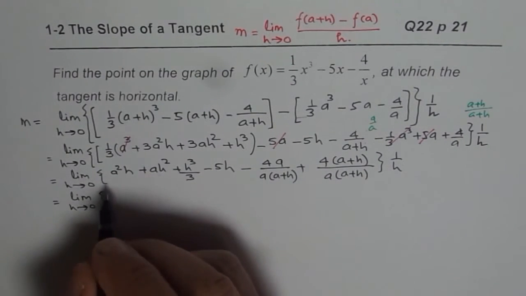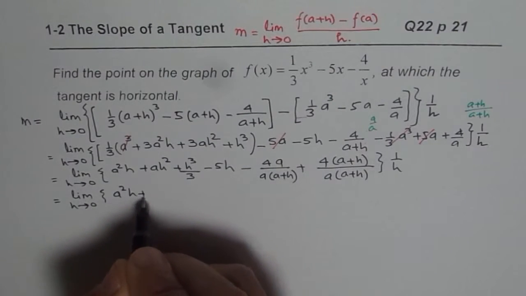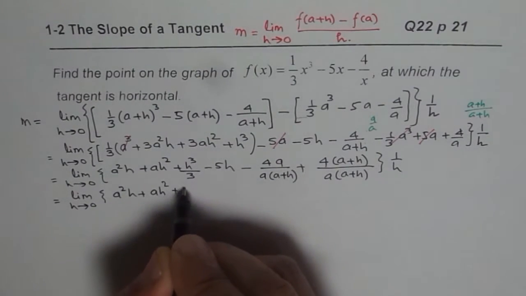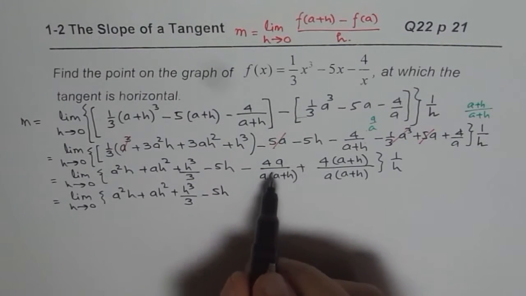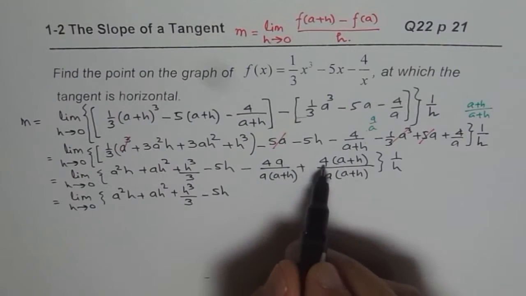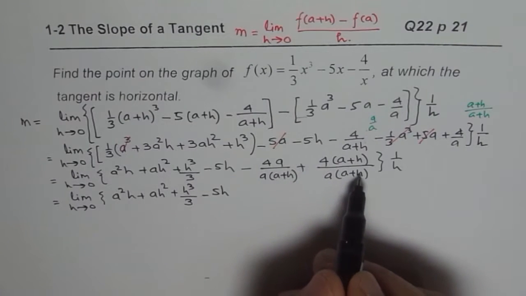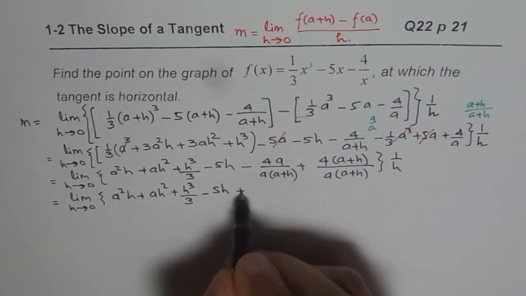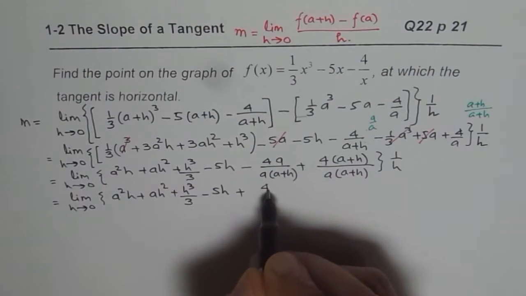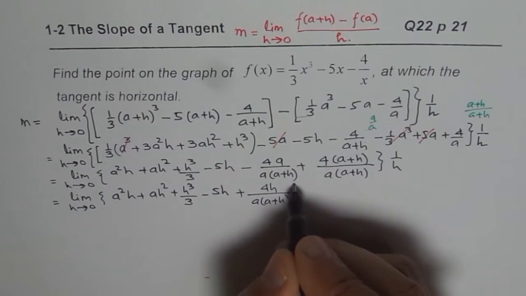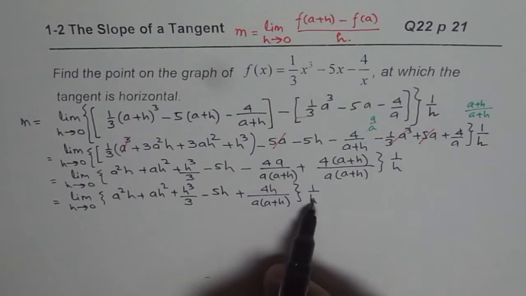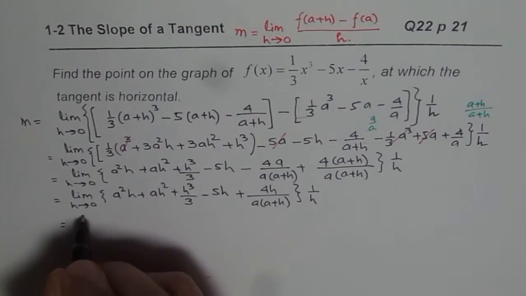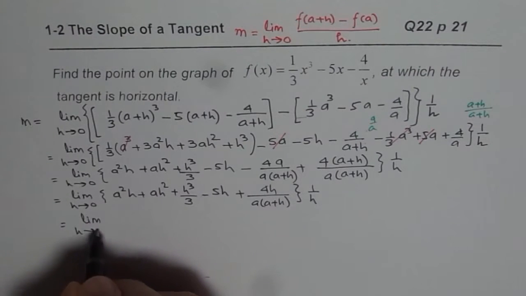So let me write this as a square h plus a h square plus h cube over 3 minus 5h, then 4a over a times (a plus h) cancels out, and we are left with plus 4h over a times (a plus h), times 1 over h. Now h is a common factor, so we can reduce this and write it as limit h approaches 0.